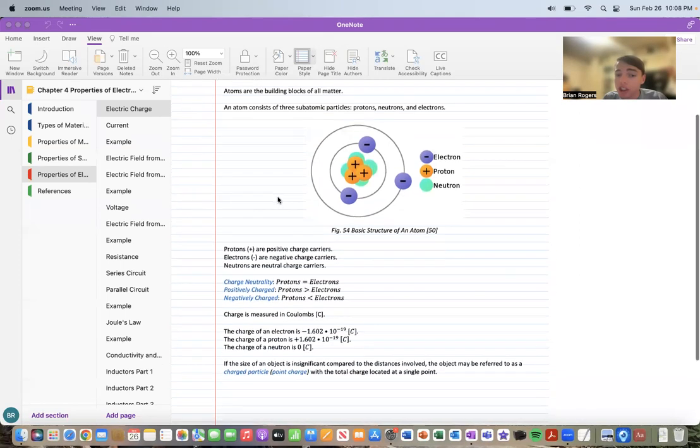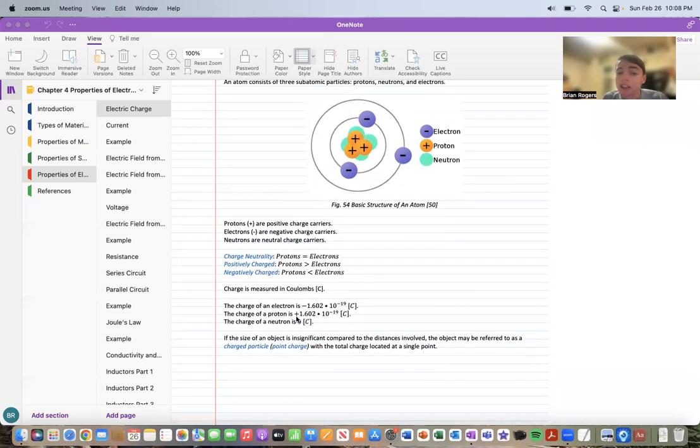A charge is measured in units of coulombs, and the charge of an electron is negative 1.602 times 10 to the negative 19 coulomb. The charge of a proton is exactly the same, but with opposite sign since it's positively charged, and a neutron has approximately 0 charge.